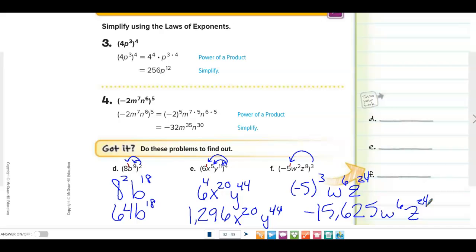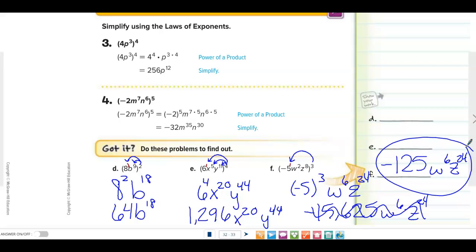Oh, I did it wrong. Okay. But do you see what you did wrong? It's just 5 times 5 times 5. I did 3 times 2. Oh, you put the two of them together. So it should have been negative 125, w to the 6th, z to the 24th. That should have been the correct answer.